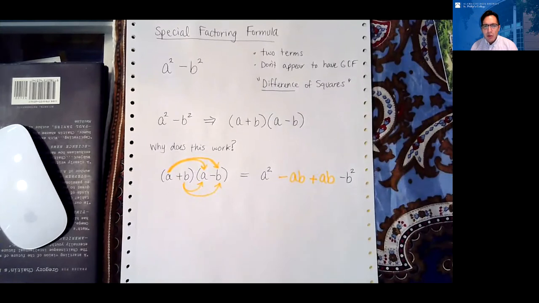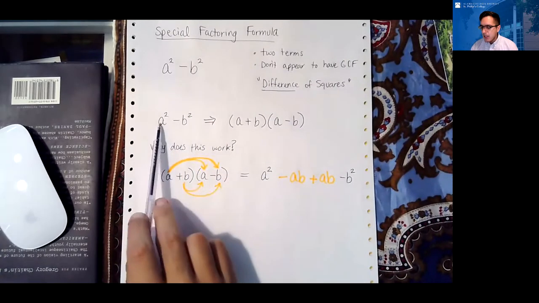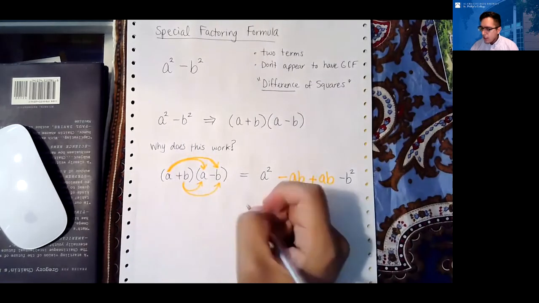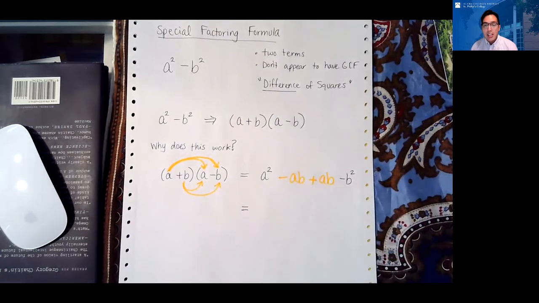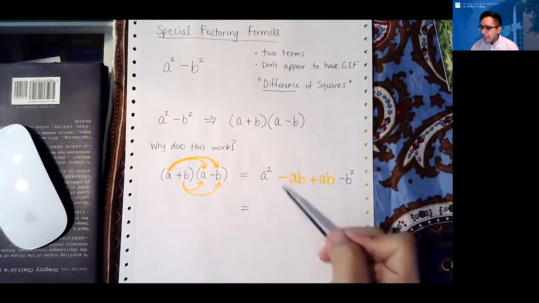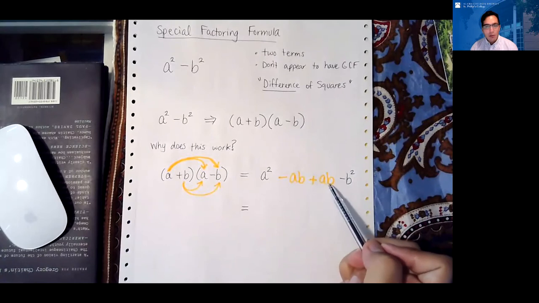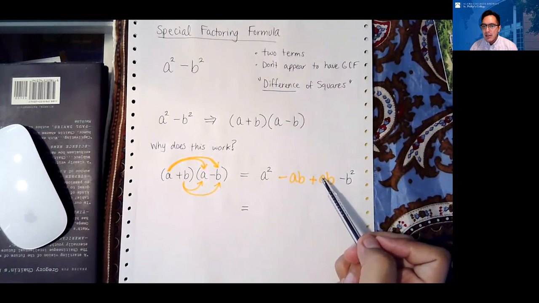So it looks like we have 4 terms and not the 2 terms that I was talking about here. Well, if I go ahead and finish out this multiplication and combine like terms, you see that we have a negative term here, ab, plus itself. So if I ask you, what is 5 plus negative 5? That would be 0. So when I combine those terms, they cancel out to 0.